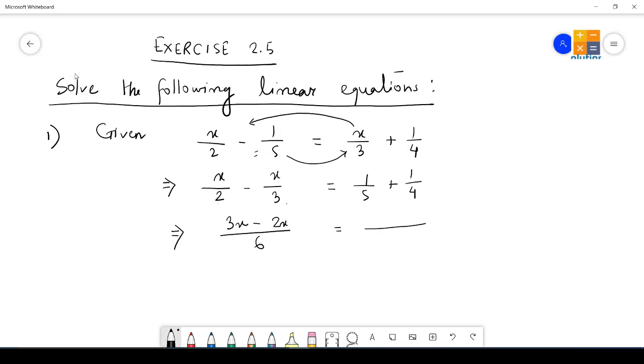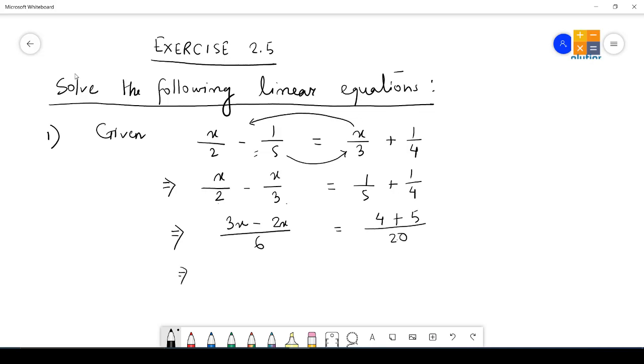On the right hand side, 5 and 4 are the denominators. The LCM of 5 and 4 is 20. So 5 fours are 20, 4 into 1 is 4, plus 4 fives are 20, so 5 will be multiplied with this 1 to give 5.